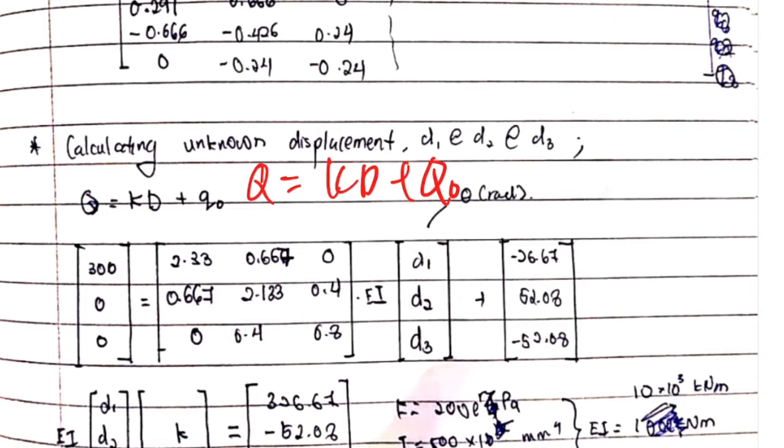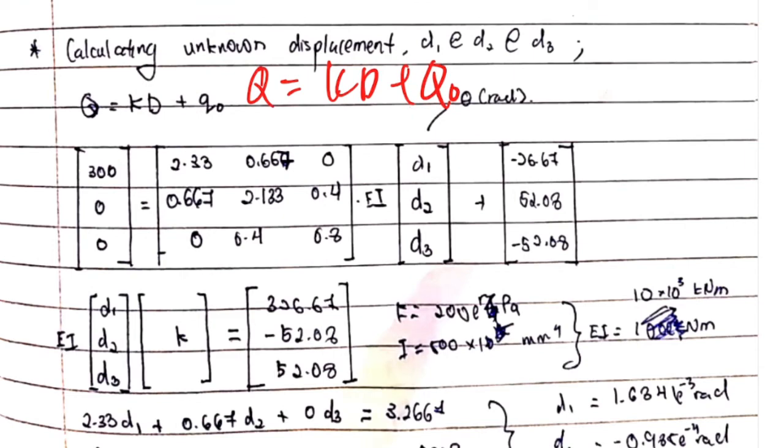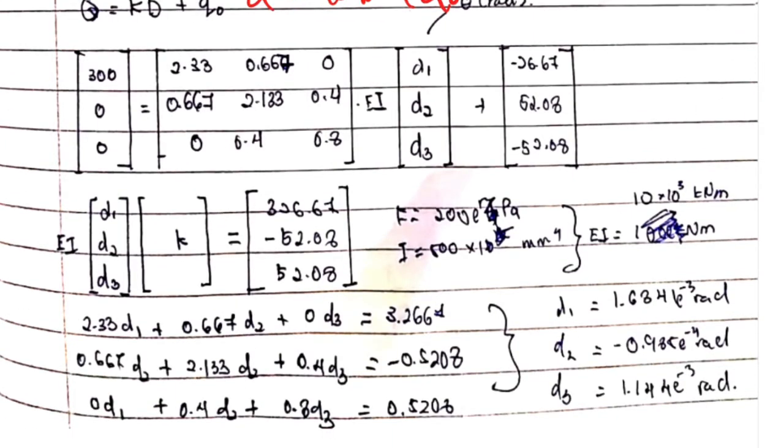Okay? Doesn't matter. So this one is 300, right? This one is correct. Don't forget to put EI times D1, D2 and D3. You may write it in full capital.